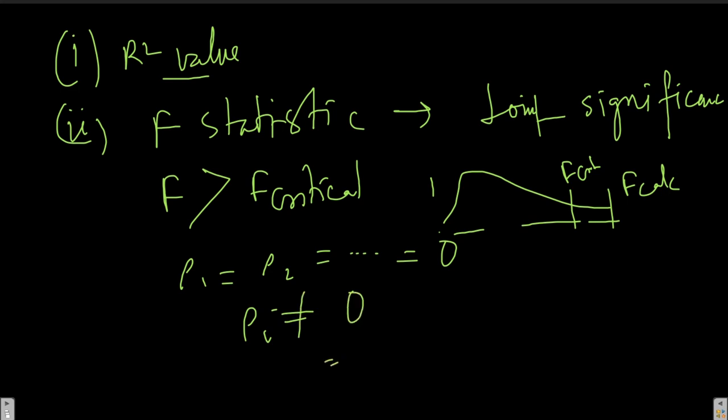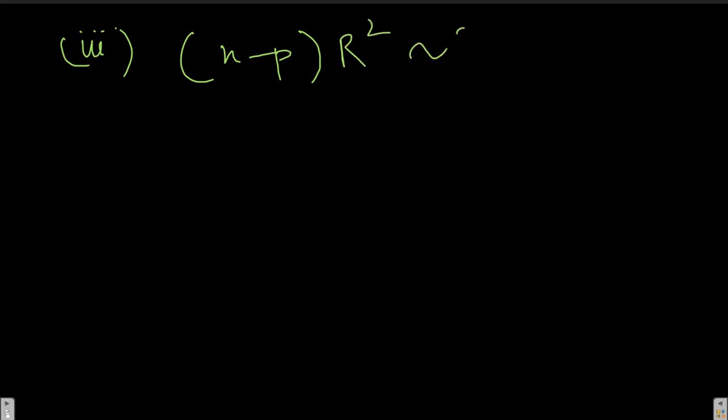There is another way of taking a decision based on the Breusch-Godfrey test. We have n minus p, where n is the number of observations and p is the order of the AR process, times the r square that you obtain, and that follows a chi-square distribution with p degrees of freedom.